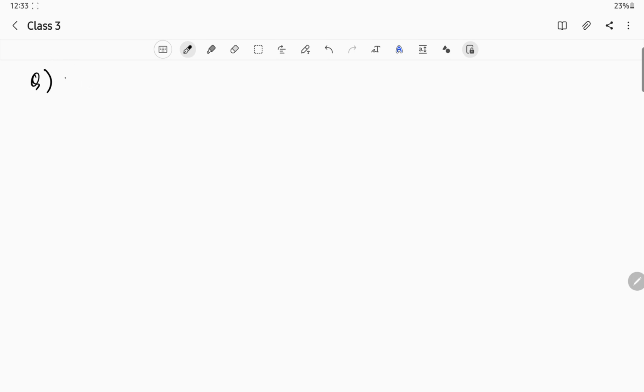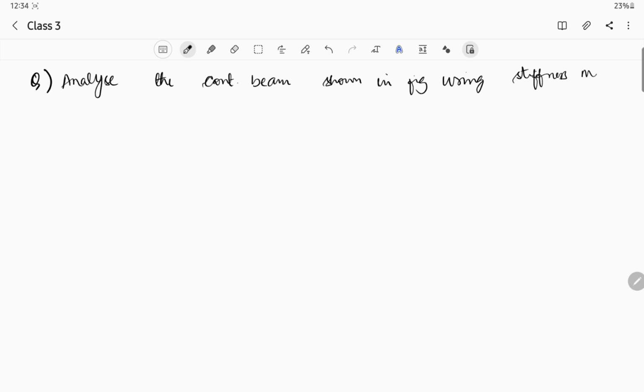So, the question is: analyze the continuous beam shown in the figure using the stiffness matrix method. So in this question we have a continuous beam.